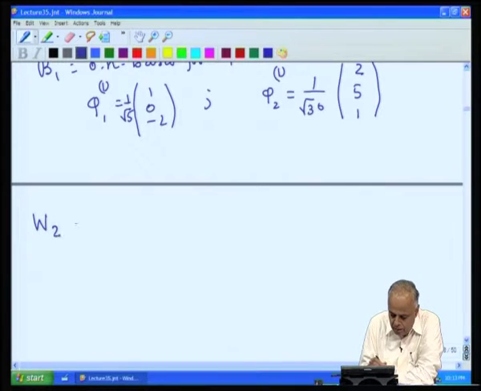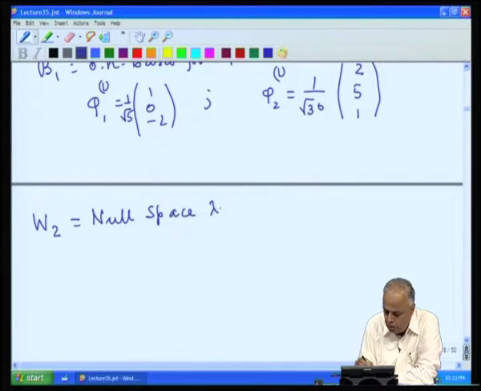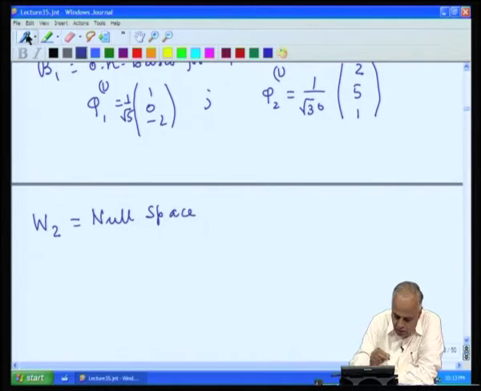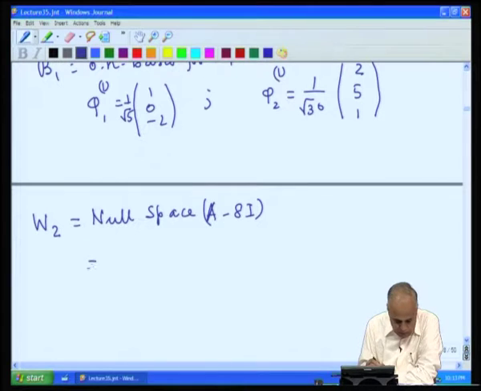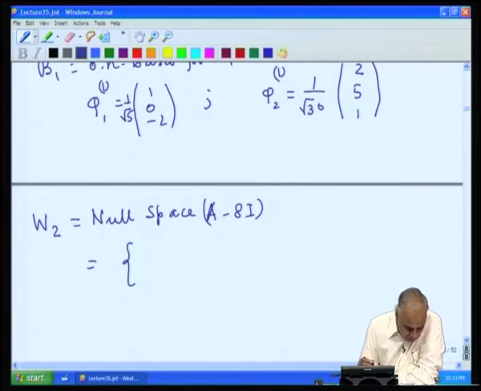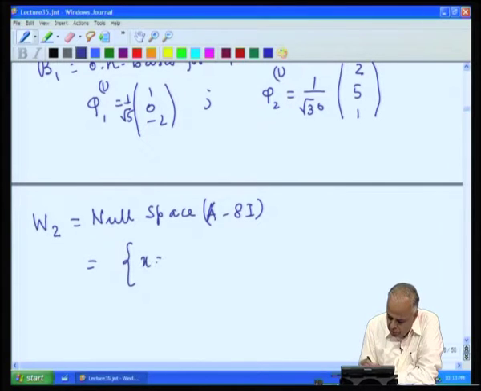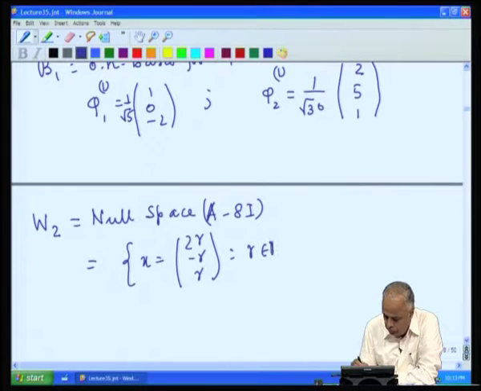Similarly, W 2 is the eigenspace corresponding to the eigenvalue 8. So, it is the null space of A minus 8 I, and we found this to consist of all vectors of the form x equal to 2 gamma, minus gamma, gamma, where gamma is real.